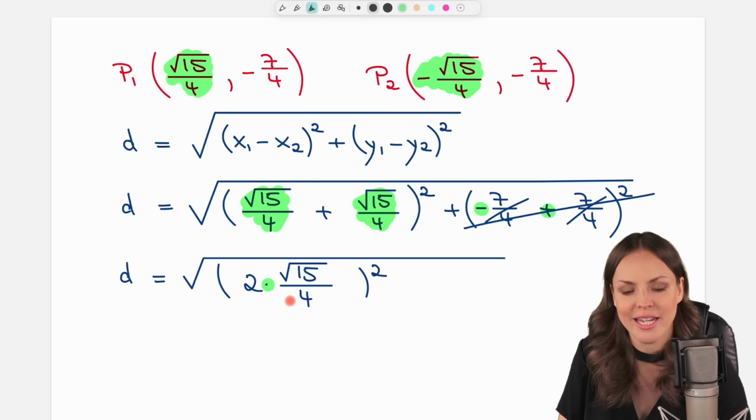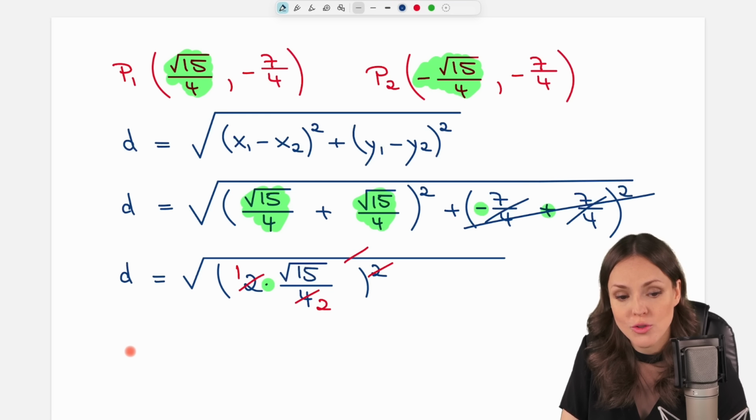We have a multiplication here, so we can, 2 and 4 are both divisible by 2. 4 over 2 equals 2. 2 over 2 equals 1. The square root and the square cancel each other out, so this doesn't look so bad actually.